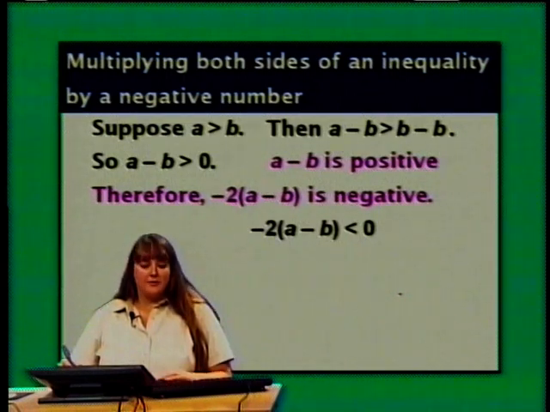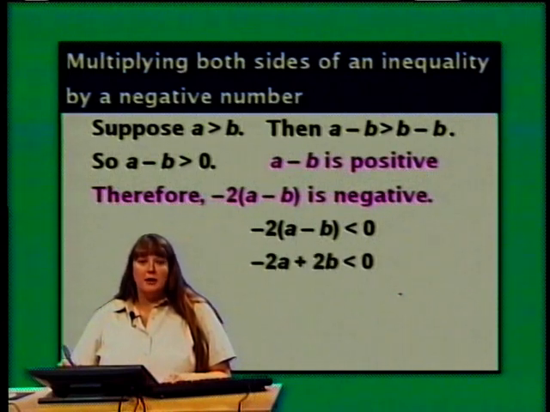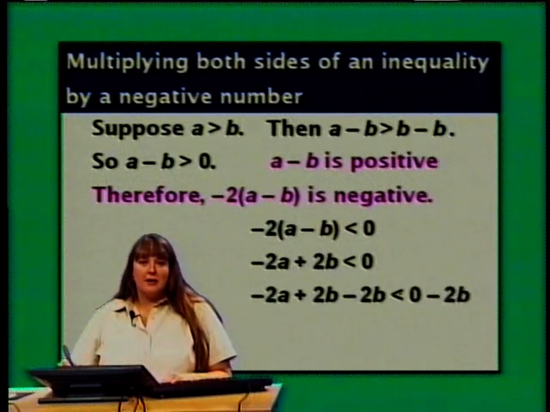Now let's simplify this inequality. If I distribute the negative 2, I get negative 2a plus 2b is less than 0. Now let's move that 2b to the right-hand side, so I subtract 2b from both sides of the inequality. When I simplify this, I have negative 2a is less than negative 2b.